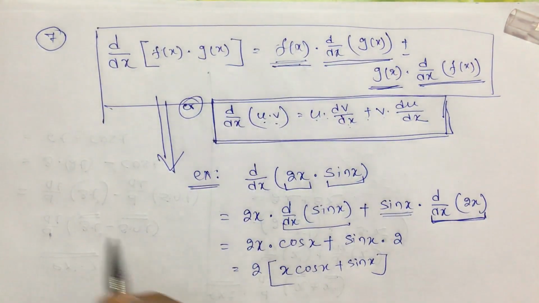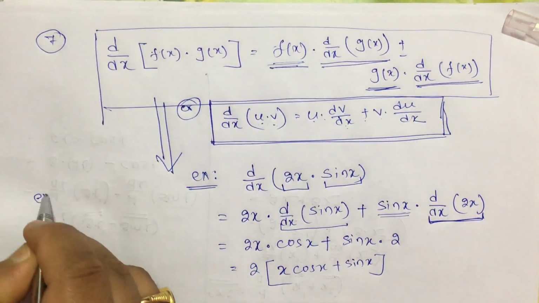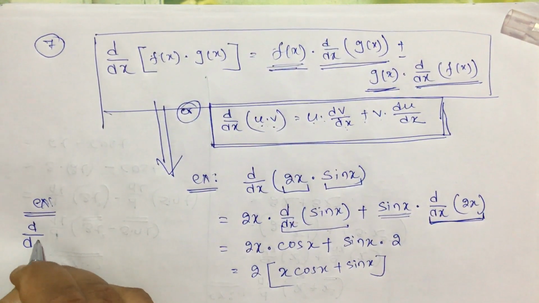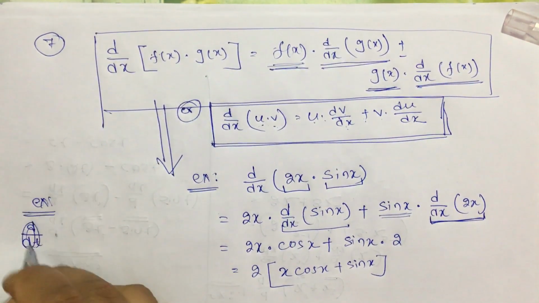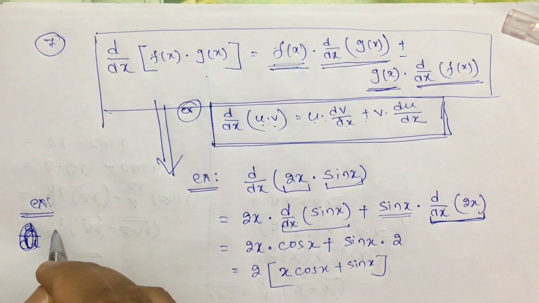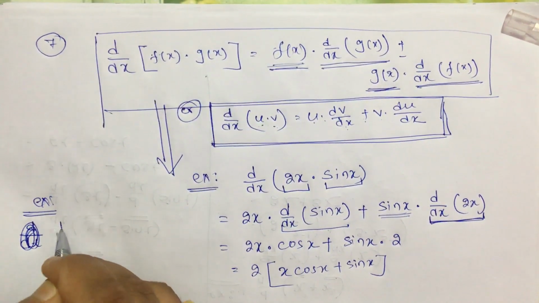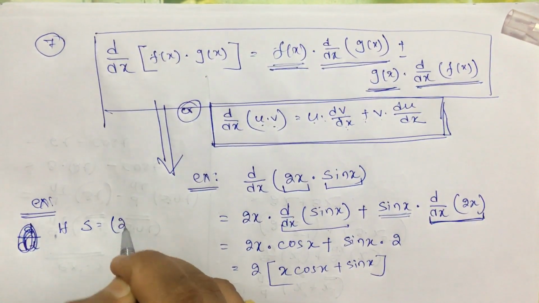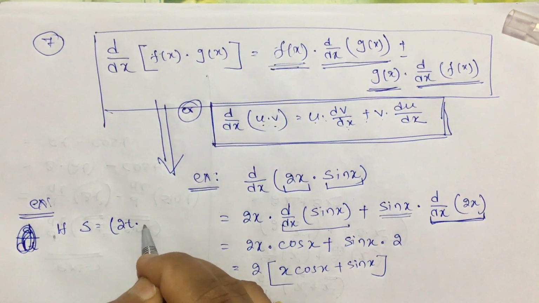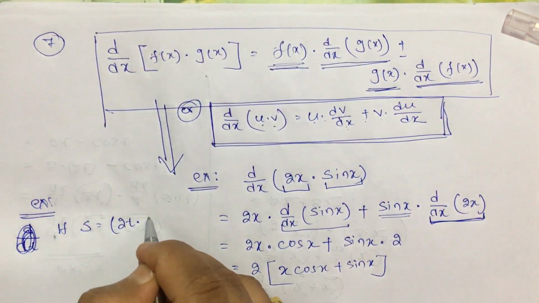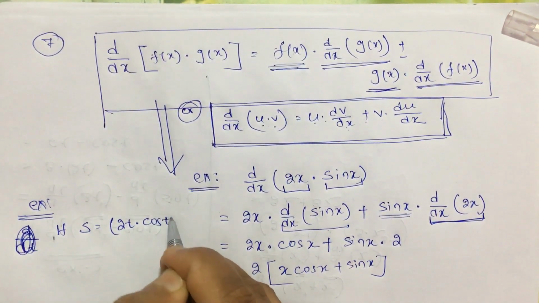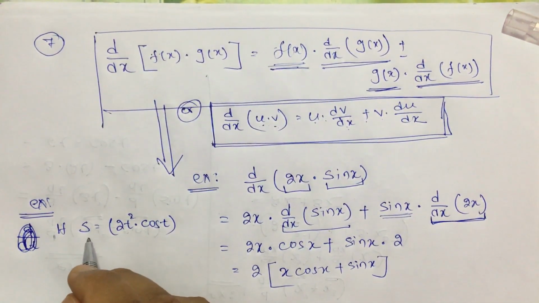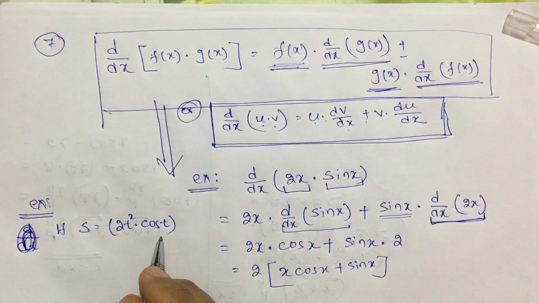Okay. So let us take another example to understand it. Let us come to motion. Let it be given that s equals 2t square into cos t, where s is in meter and t is in second.